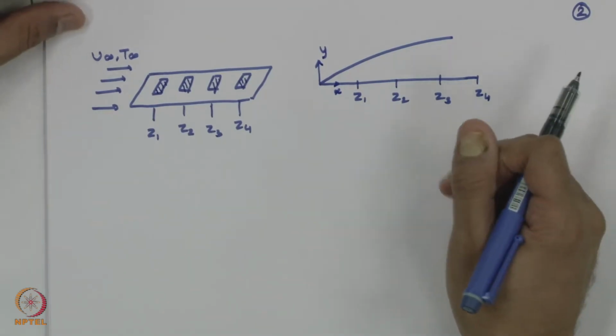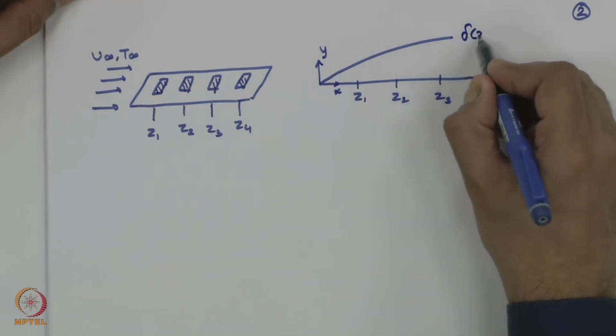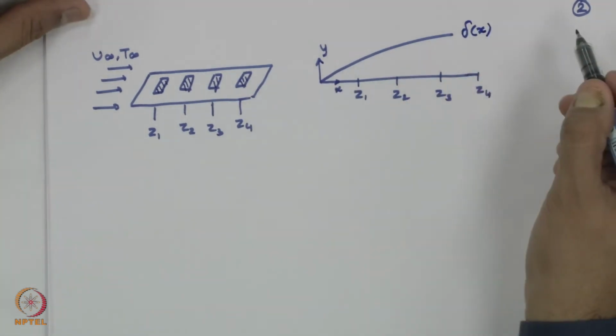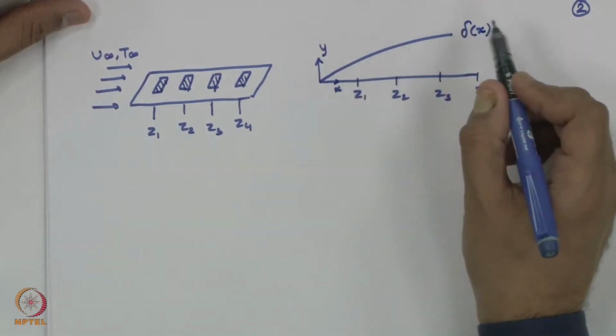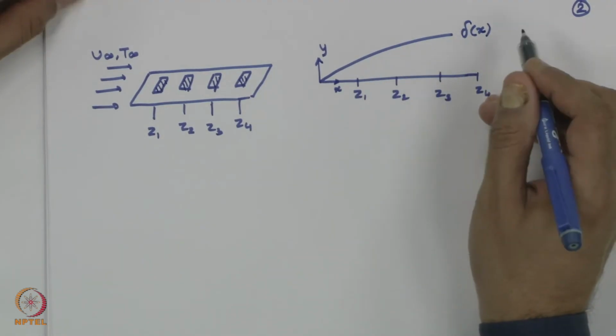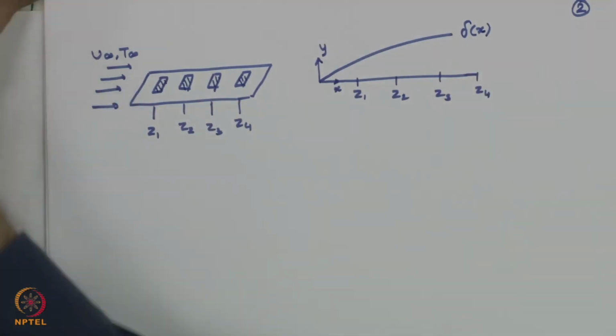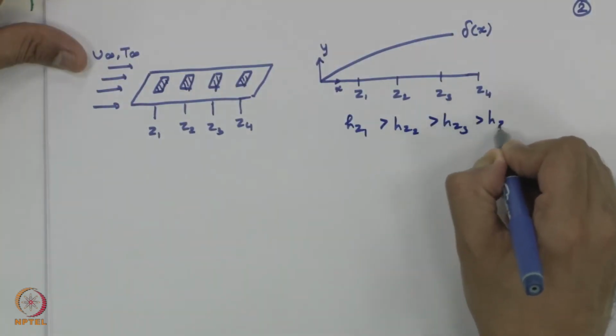This is the hydrodynamic boundary layer. The thermal boundary layer also will increase this way. Whether it is going to be exactly the same or below this or above this, we don't know at this point of time. But the thermal boundary layer will also increase, and we would see that the heat transfer coefficient h at Z1 would be greater than h at Z2, greater than h at Z3, greater than h at Z4.